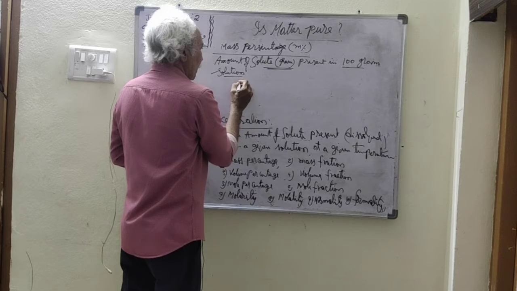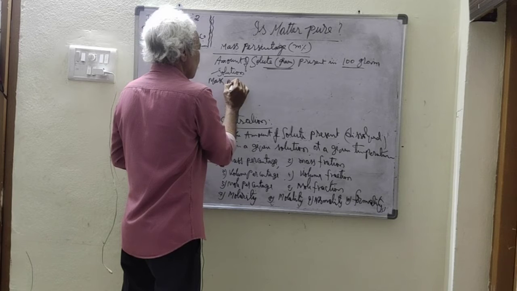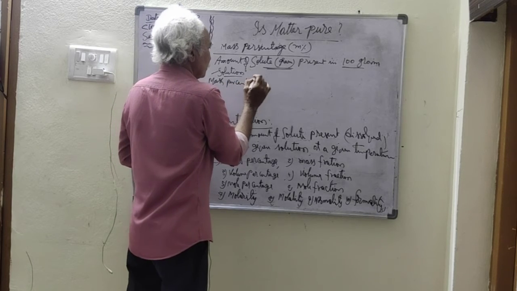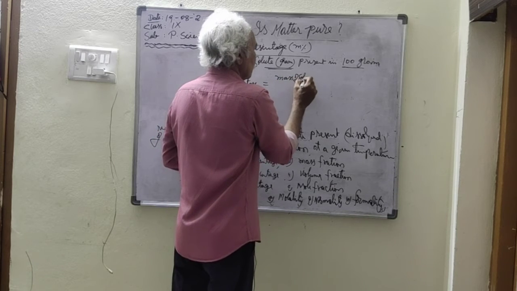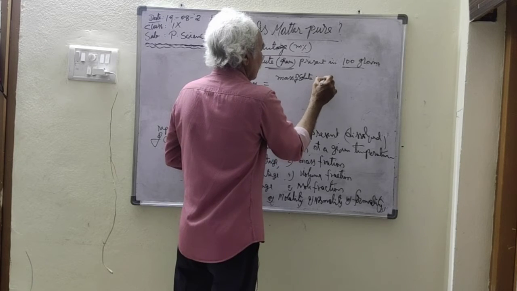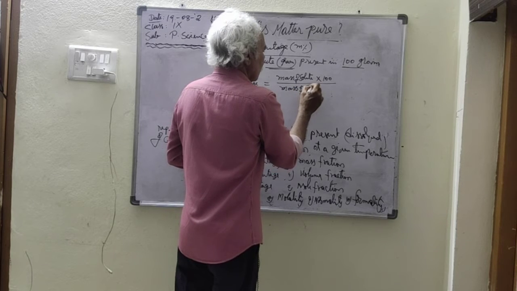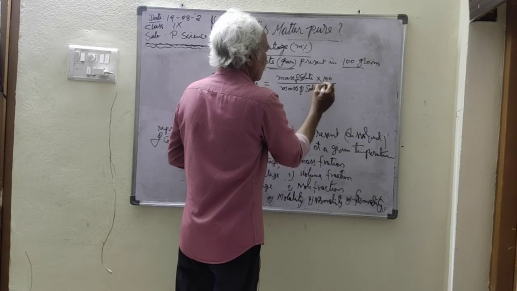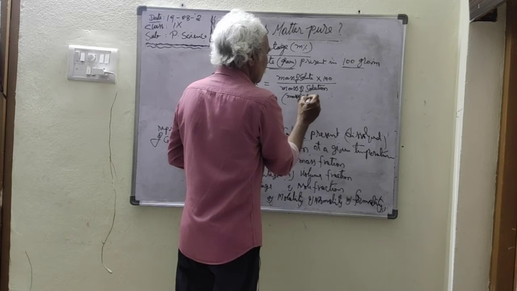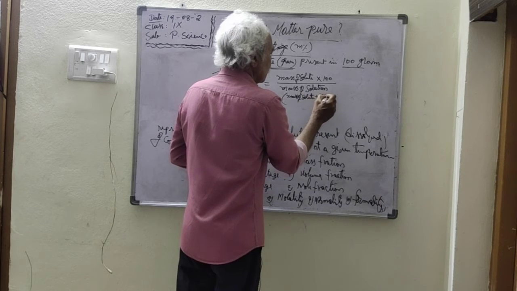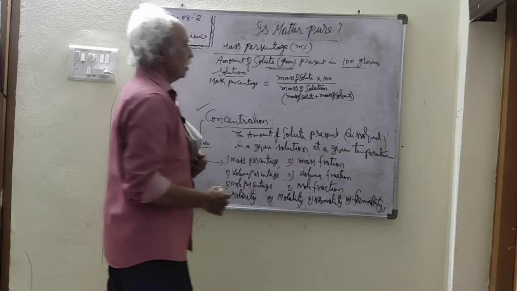So mass percentage is equal to mass of solute into 100 by mass of solution. Solution means mass of solute plus mass of solvent.